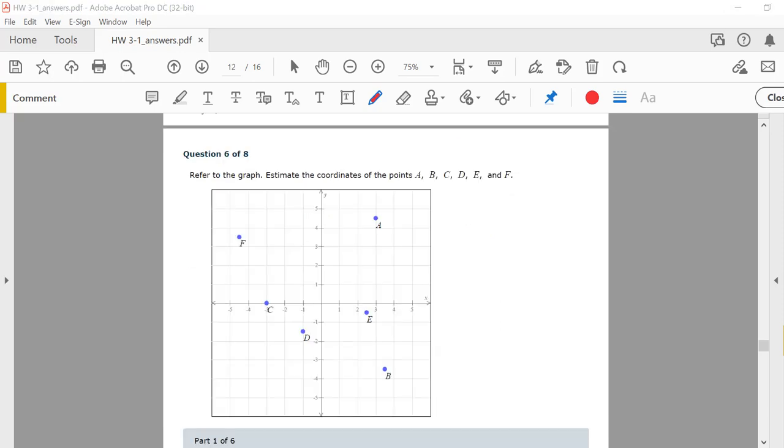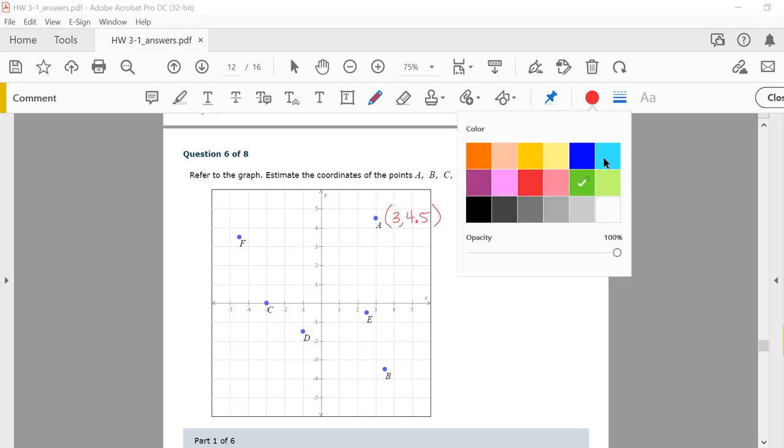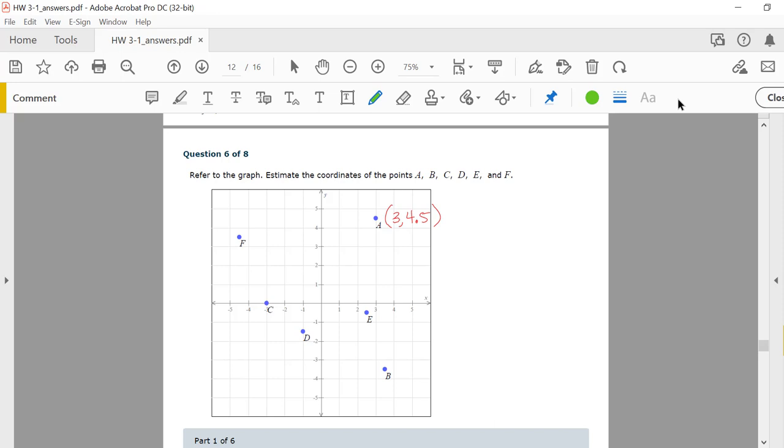Question 6, refer to the graph and estimate the coordinates of all of these points. So to get to A, I need to go 3 to the right and up 4.5. So I'm going to say 3, 4.5. For B, right here, I need to go right 3.5 and then down 3.5.